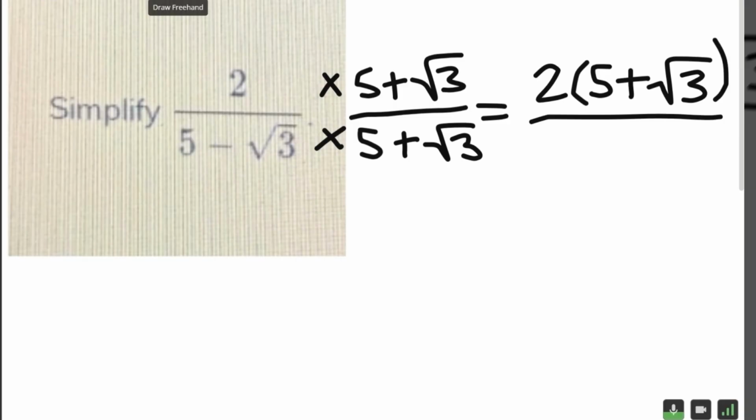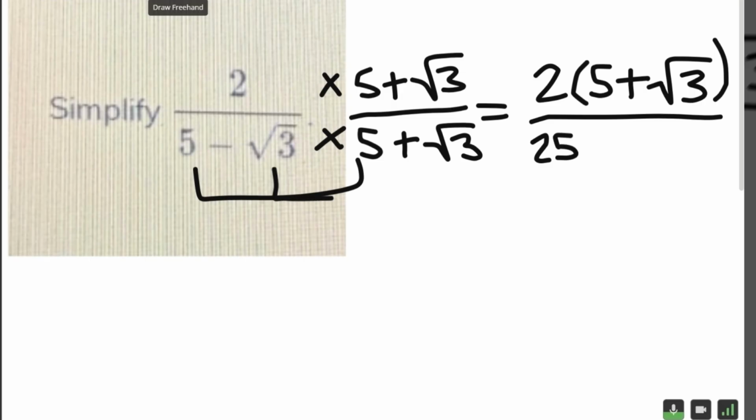What about the bottom? Well, remember, when we multiply the conjugate, the outside and the inside really doesn't matter that we do it, right? Because they cancel out. So all we have to do is multiply first terms, multiply the last terms. First terms, 5 times 5 is 25.